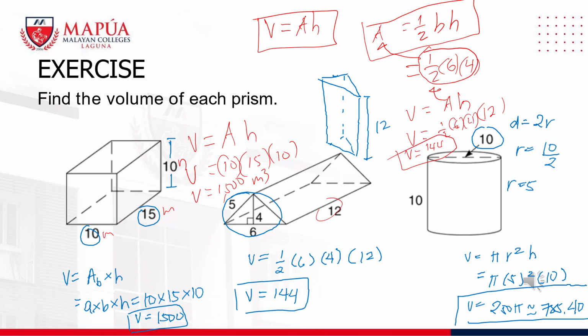Okay. Then for a cylinder with a radius equal to 5, again, this is circular. So the volume of the cylinder is the area of the circle multiplied by the height. This is the height, class. Okay? So the height is equal to 10.